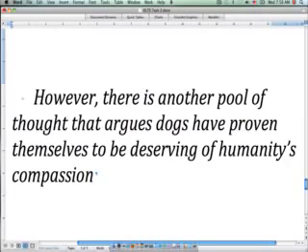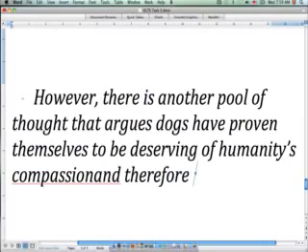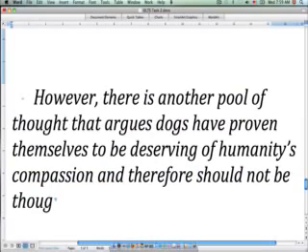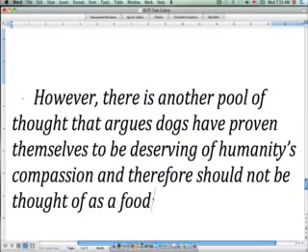However, there's another pool of thought that argues dogs have proven themselves to be deserving of humanity's compassion, and therefore should not be thought of as food. Okay.